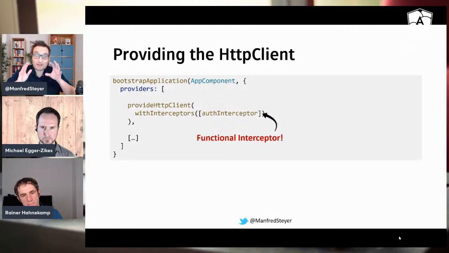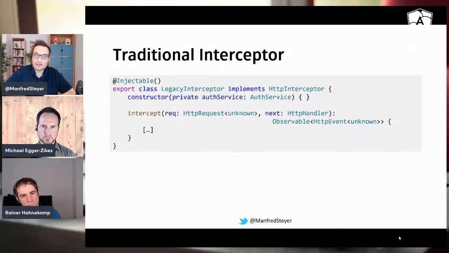So let's compare them to the more traditional ones. Here you see a traditional interceptor that is intercepting each and every HTTP request and response. The traditional interceptors are services. That means we need Injectable. We need to implement an interface. We need to tinker a class. We need to import or inject everything into the constructor we need.